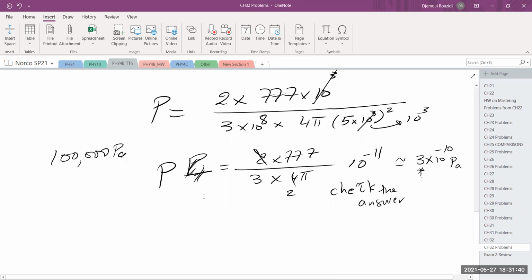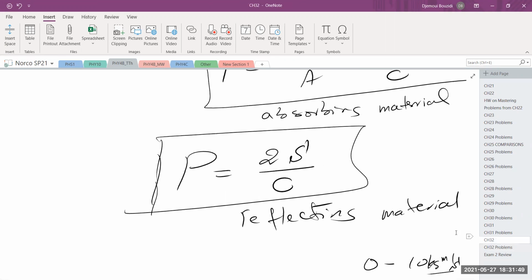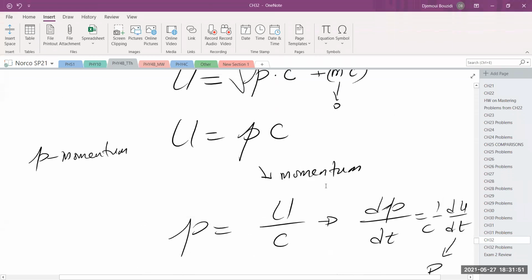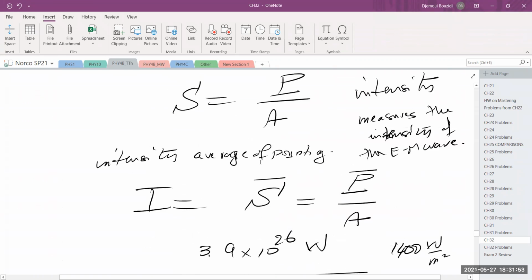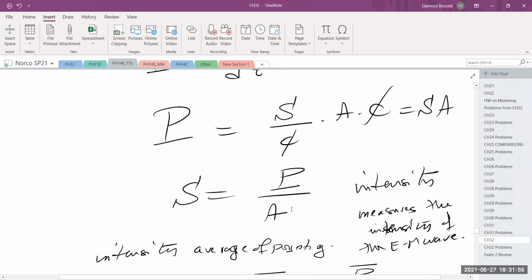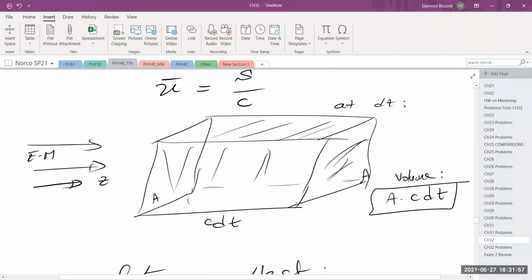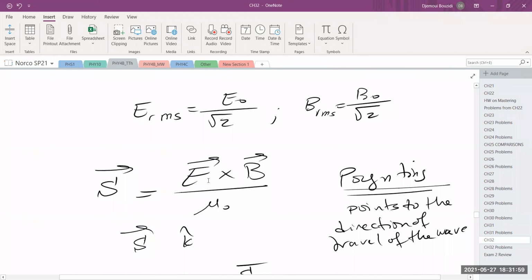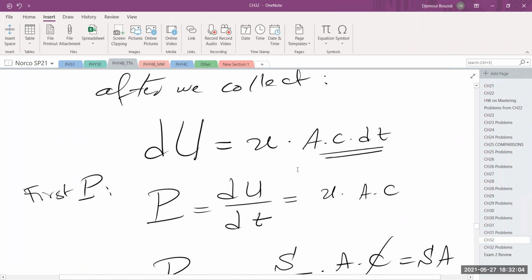Question 2, B. What are the amplitude of the electric field and magnetic field of the wave? So I need to find the strength. Remember I, which is the average of the Poynting vector, and the Poynting vector, if you guys remember, we defined it as E times B over mu naught.